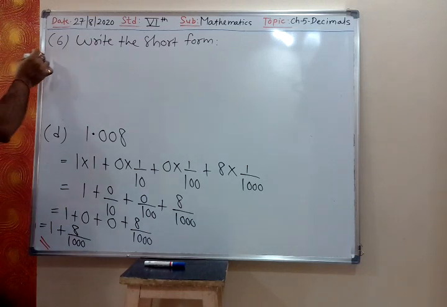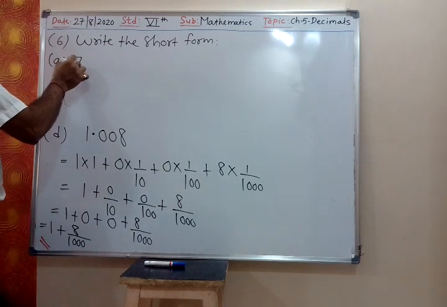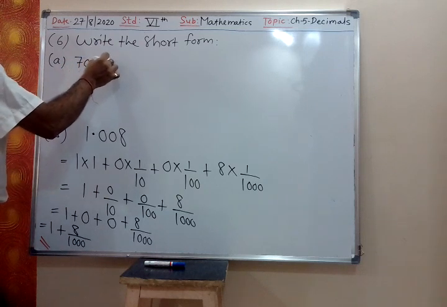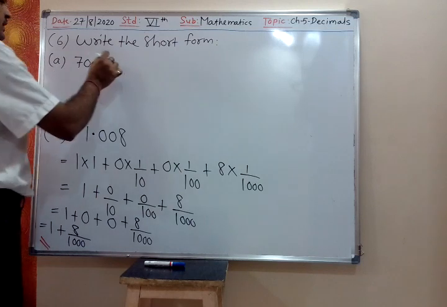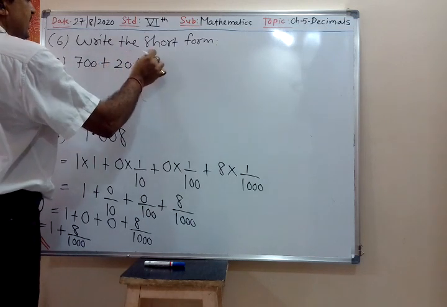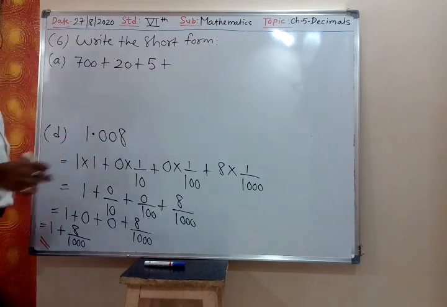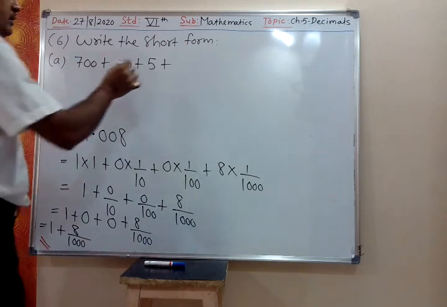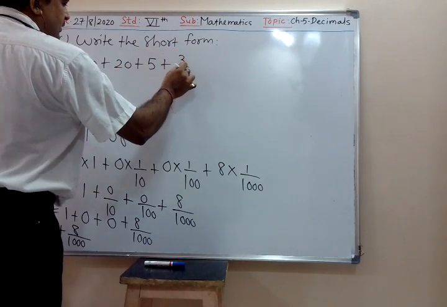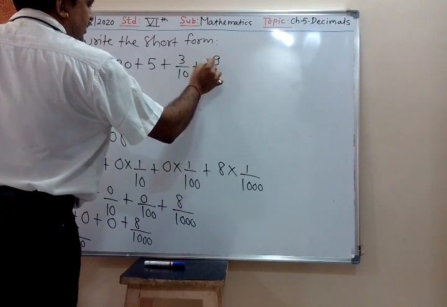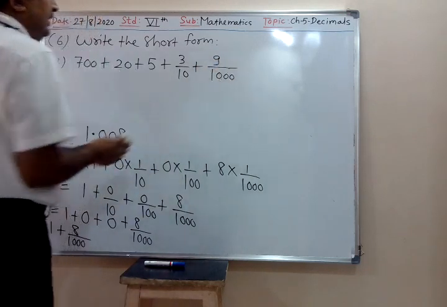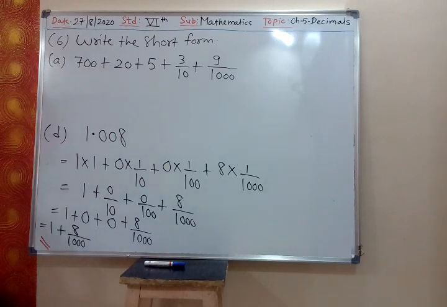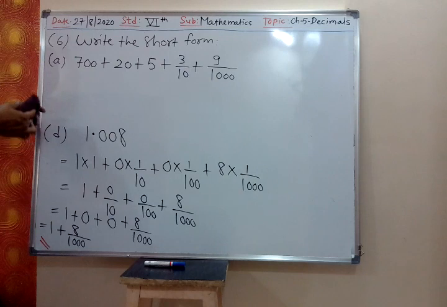First it is A: 700 plus 20 plus 5 plus 3 upon 10 plus 9 upon 1000. It is not wrong, it is absolutely correct. Wait, no, my dear. Let me explain. You are not allowing me to explain.